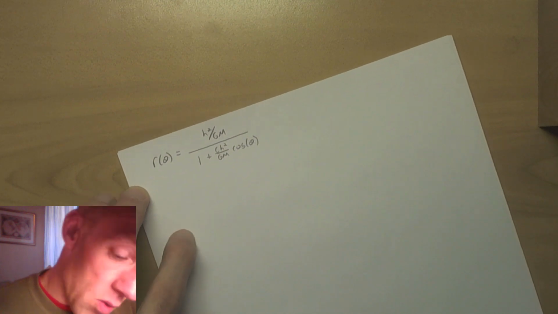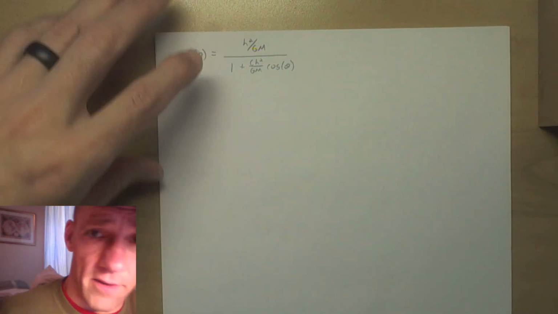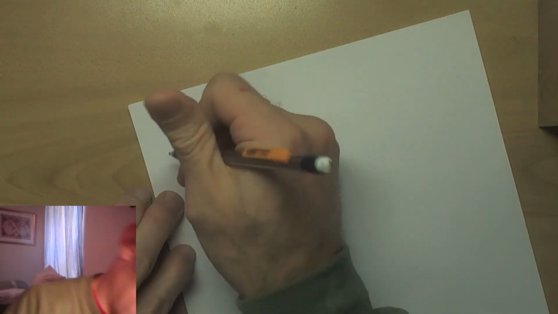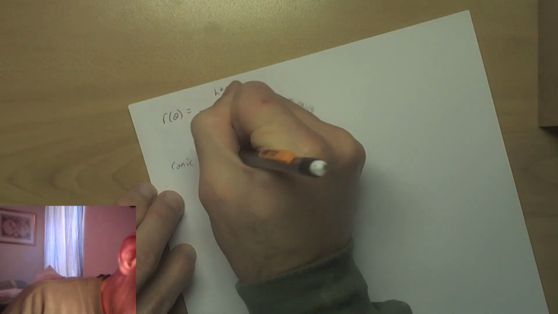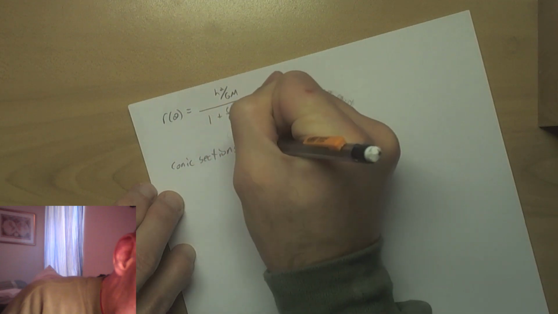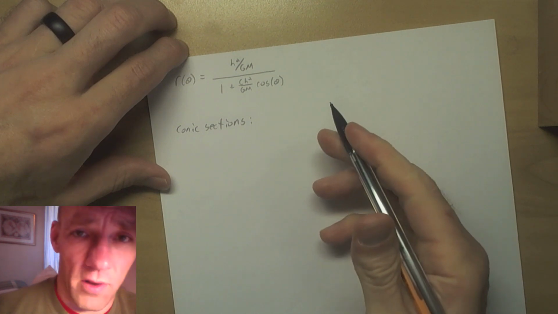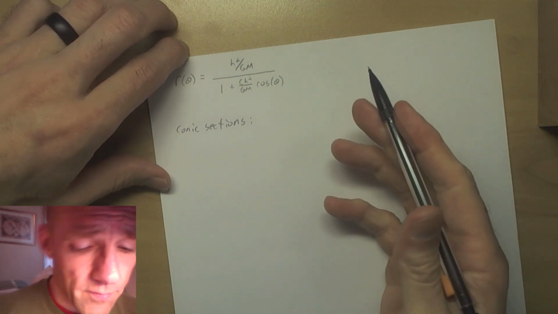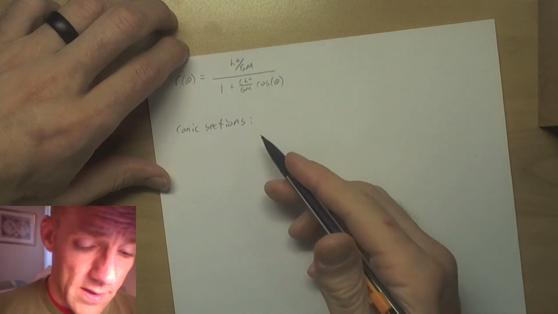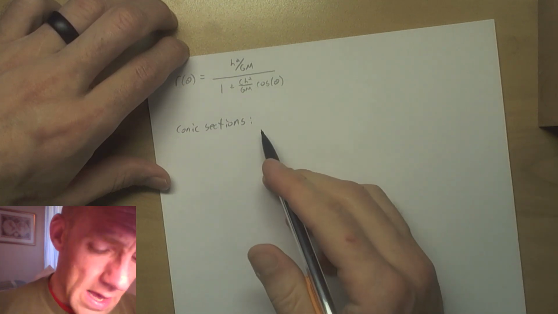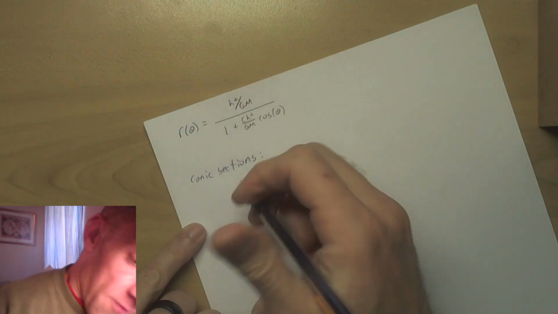Okay, and so there's a well-known family of curves called conic sections, which are, hopefully you remember, parabolas, ellipses, and hyperbolas, which have the same form.